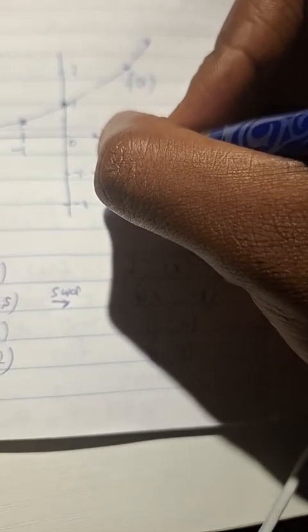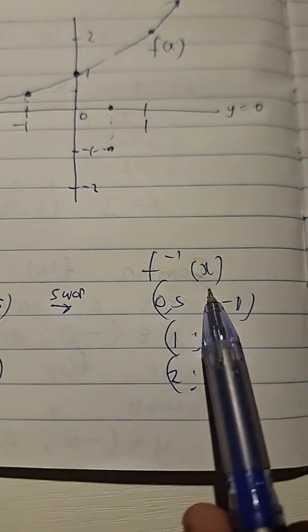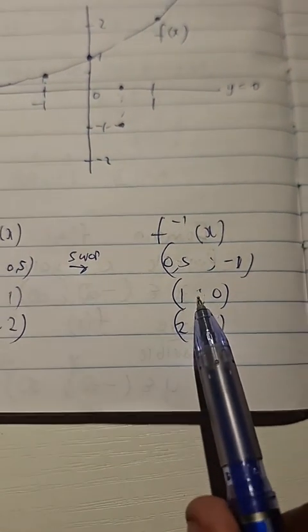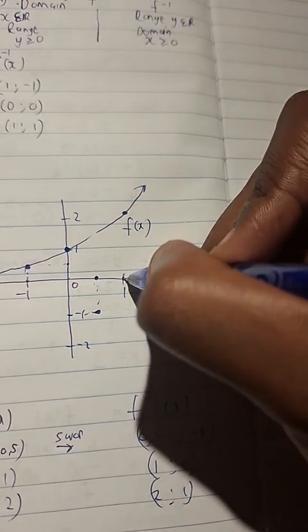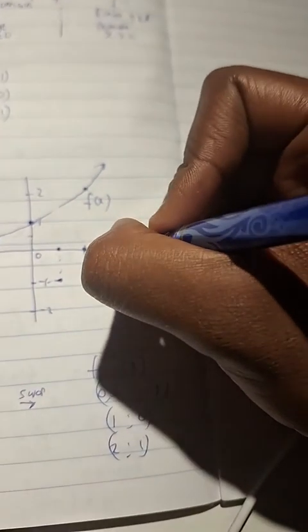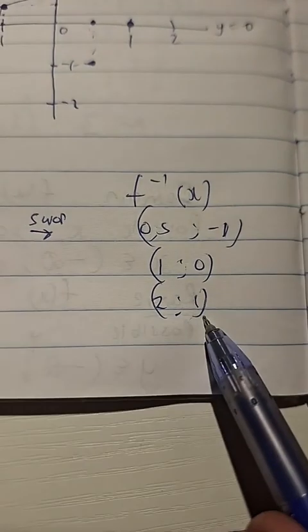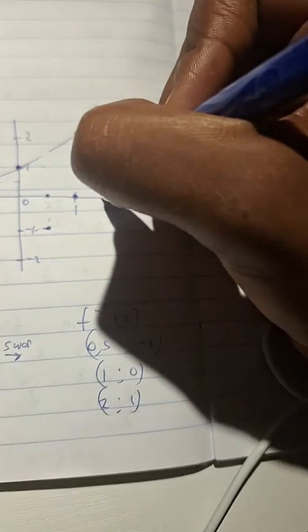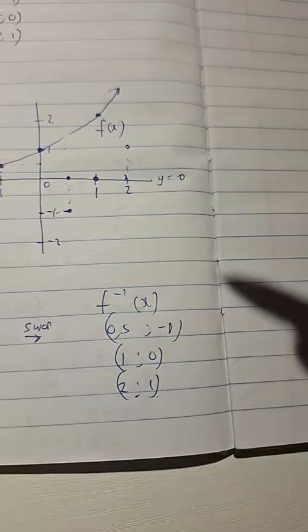So where the two meet, they meet here. Are we together? So that is this point. Then 1 and 0, where x is 1 and y is 0, we are right there. Then last but not least, where x is 2 and correspondingly y is 1. So where x is 2, y is 1, where these two meet is exactly here.